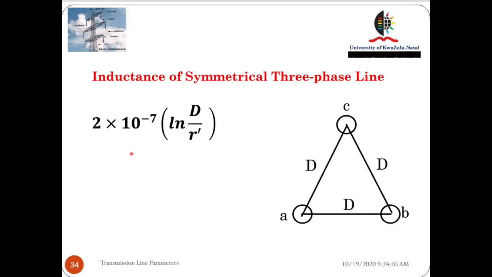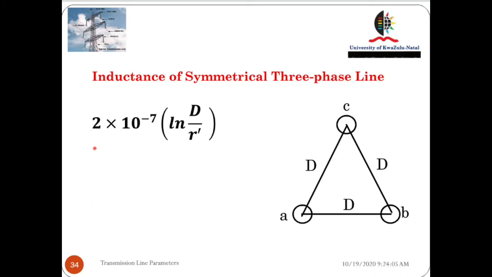This is the best one, but it needs special attention to the design to maintain the distance, and it costs some money as well. That's why in most of the cases we end up having unsymmetrical spacing or unsymmetrical arrangement, meaning the distances between the three conductors of three phases are not the same.